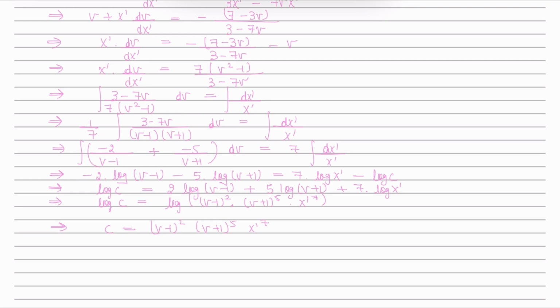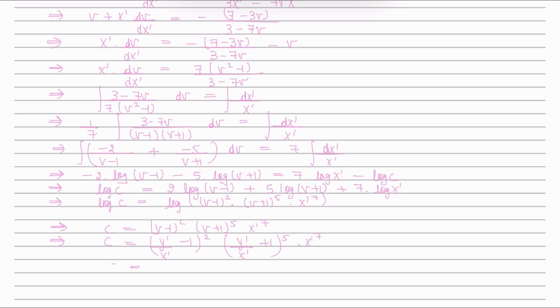Back substituting the value of v as y' upon x', this will become c equals (y' upon x' minus 1) to the power 2 into (y' upon x' plus 1) to the power 5 into x' to the power 7.